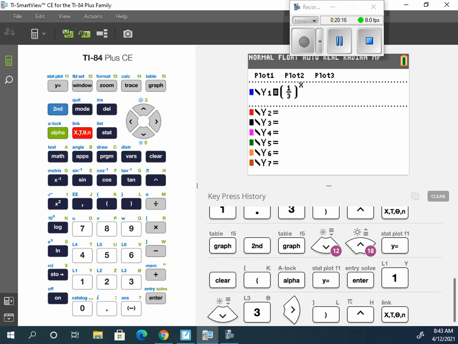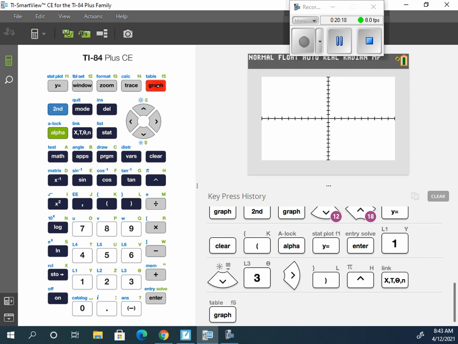I'm just typing it in to graph it. And that is our decay. It's going down. So I can see it as a decay function. And I can pick out one of the 4 graphs that Big Ideas is going to give me, because it's going to ask me to pick one of the 4 eventually. And I can do it this way.